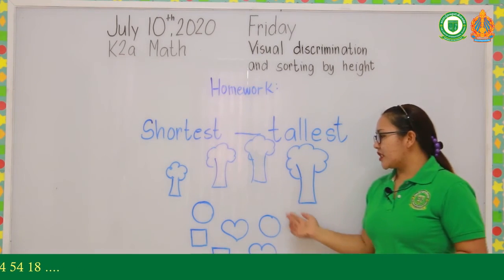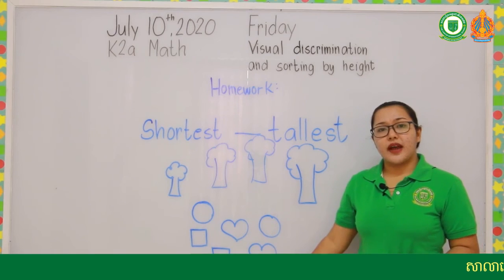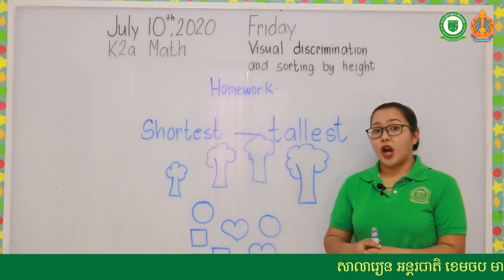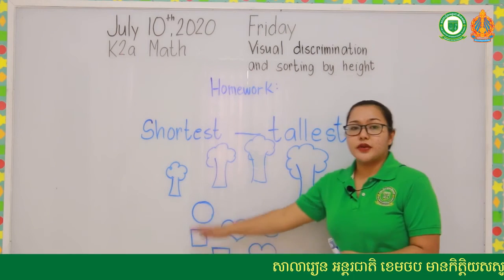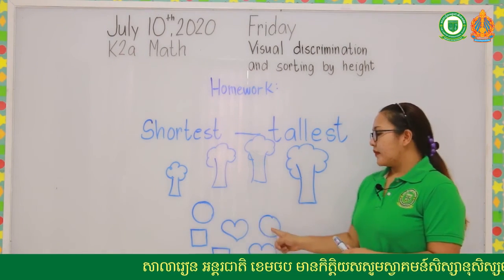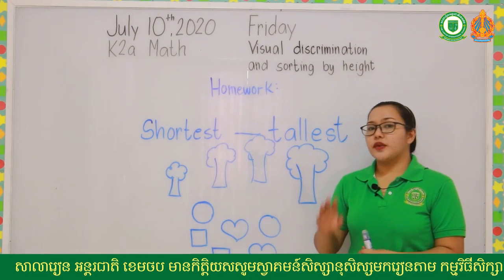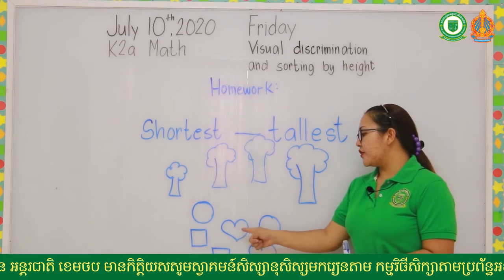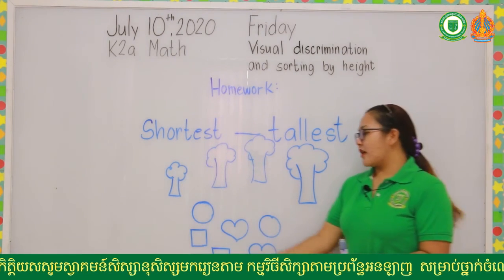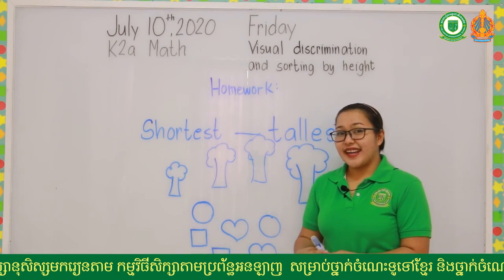So for example, just looking at these shapes, you can already identify which shapes go together or how many shapes there are, right? By just looking, you can see that there are 2 circles, 1, 2. And by visual discrimination, you can also identify there are 2 heart shapes, and there are 2 squares, right?